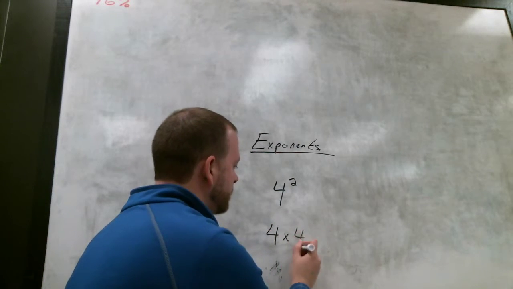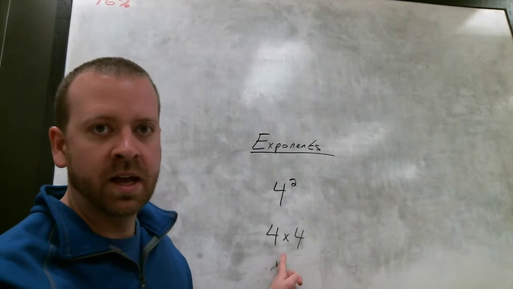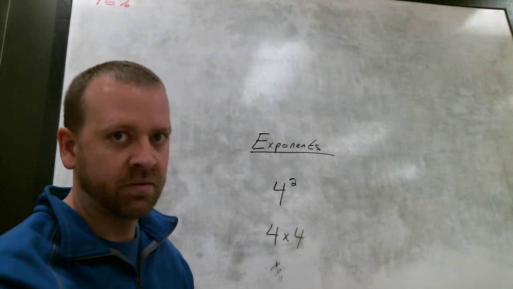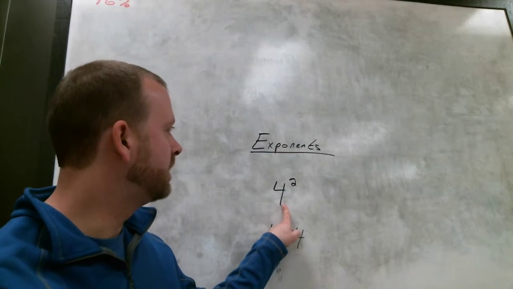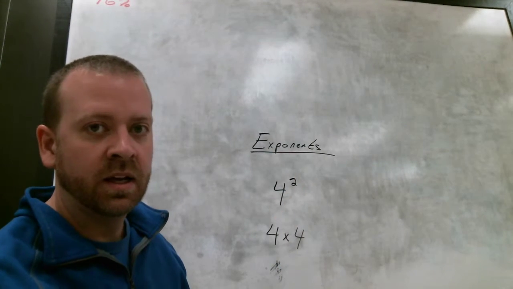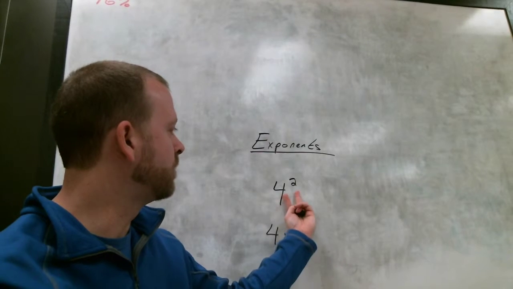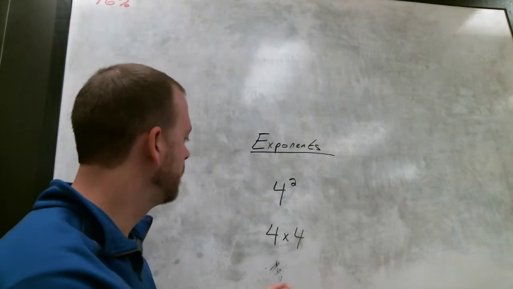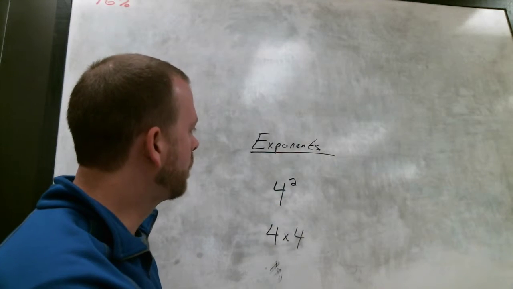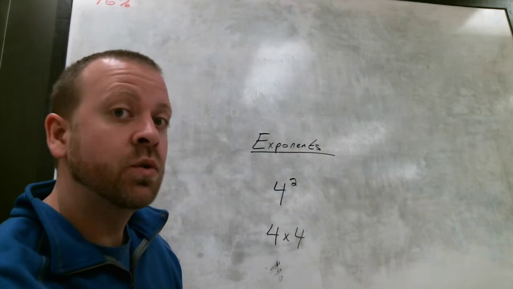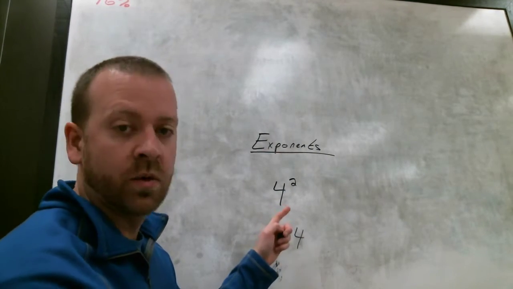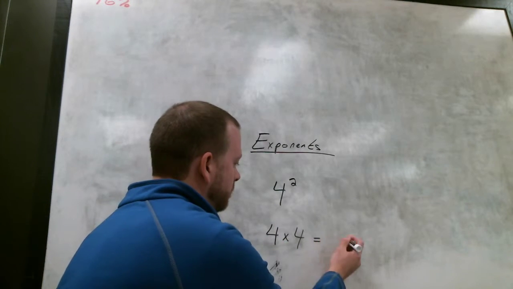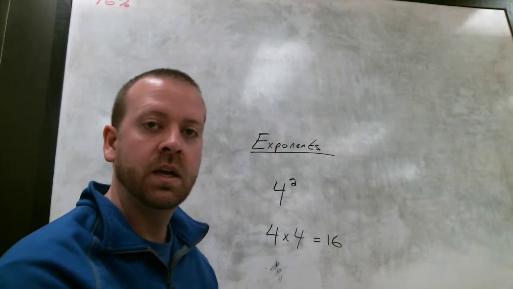Now with exponents, you're always multiplying times the same number. The base is always multiplied by itself. That is why if you multiply the base times the exponent, you're going to get a wrong answer, because these are most of the time two different numbers. Okay? So 4 to the second power, or 4 squared, is another way you could say it, is the same as 4 times 4, which is 16. Very simple.